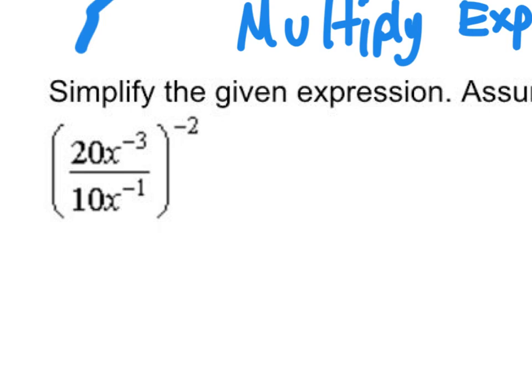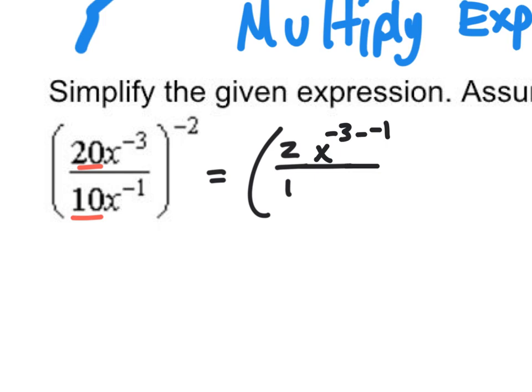What I want to do first is look at the 20 over 10 portion. 20 divided by 10 is just going to give me 2. So let me simplify this to 2 over 1. And then if I have x to the -3 over x to the -1, let's rewrite that as x to the -3 minus a -1 power, before we raise all this to the -2.